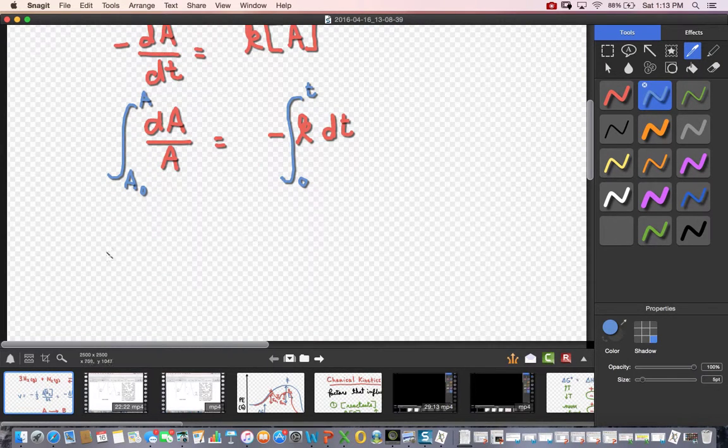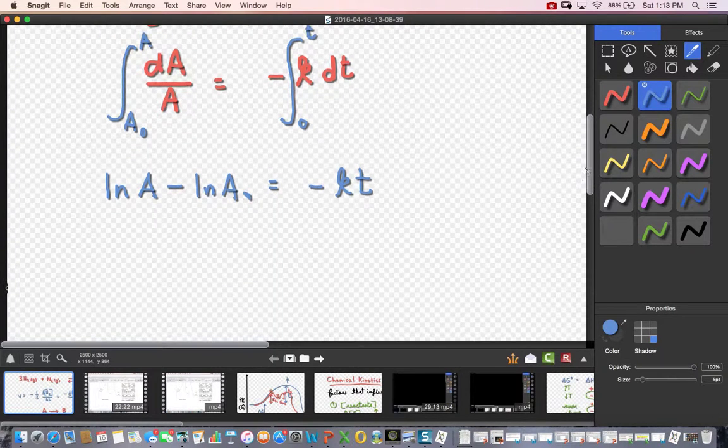And when I integrate this, I will get the natural log of A minus the natural log of A naught equals minus KT. Now I can do a little bit more math with this. The log of A is equal to minus KT plus the log of A naught.